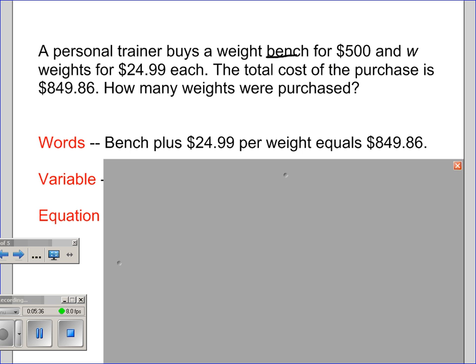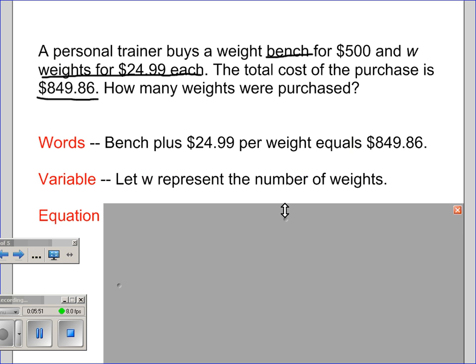Okay, let's pick out a variable to represent our weights, and we are going to use W to represent the number of weights that was purchased. Okay, now please try to write an equation that represents this problem. Pause the video, come back, and check your answer.